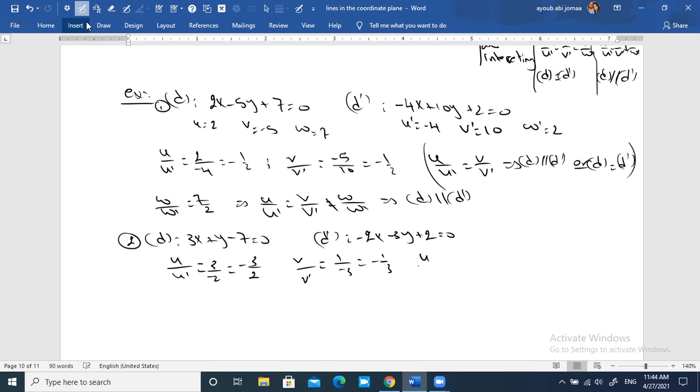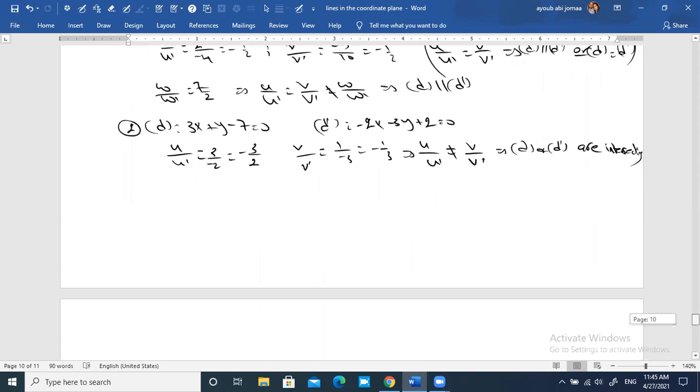So here u over u prime is not equal to v over v prime. It means that d and d prime are intersecting lines.